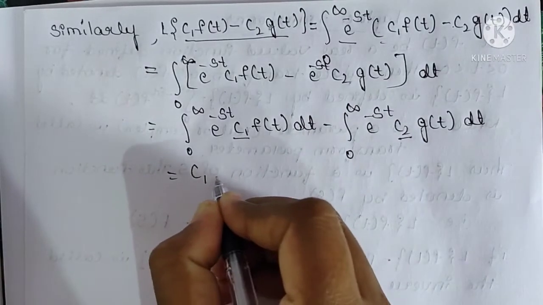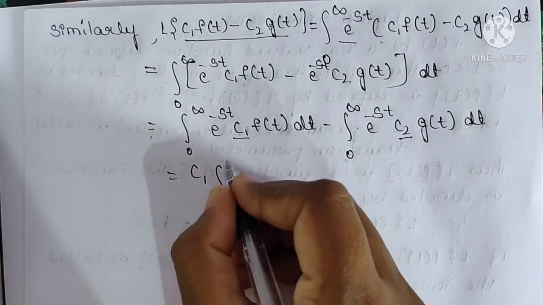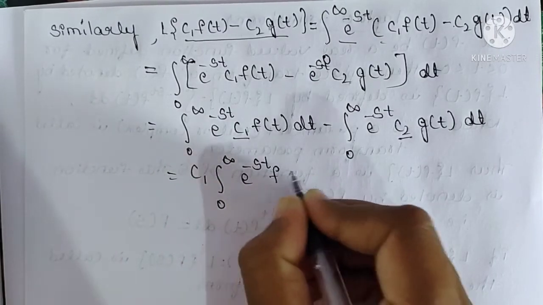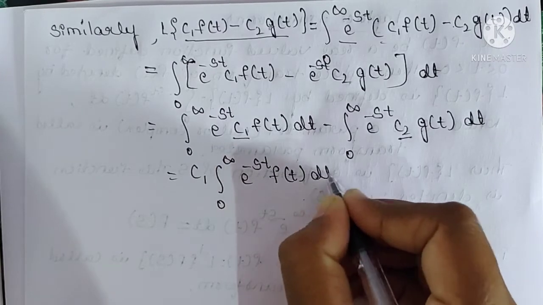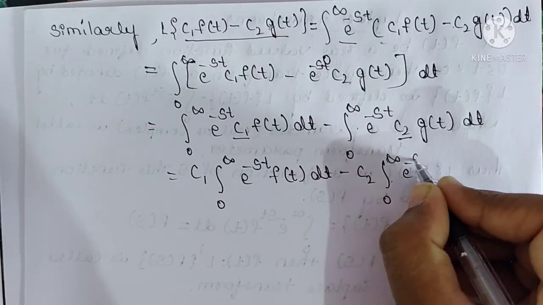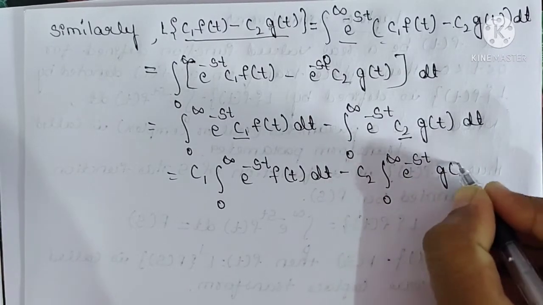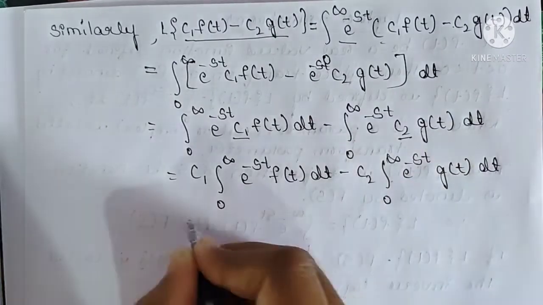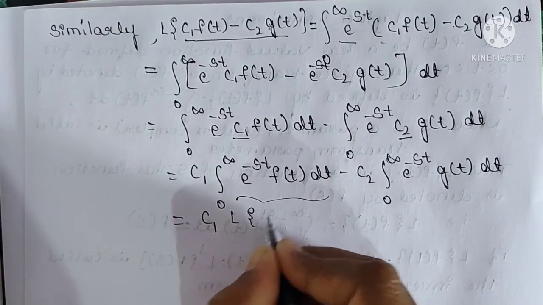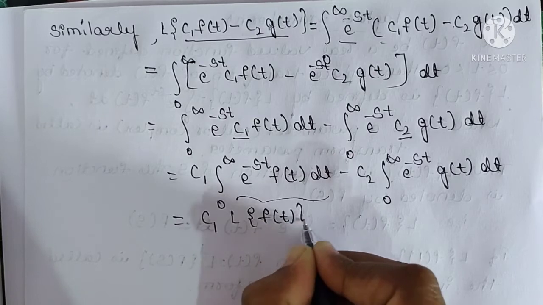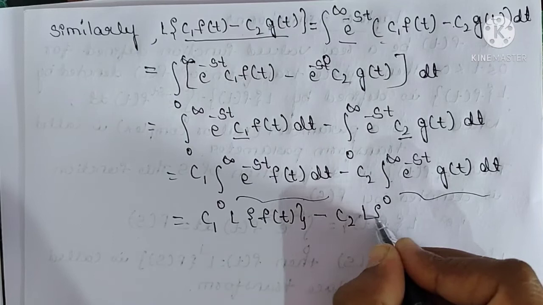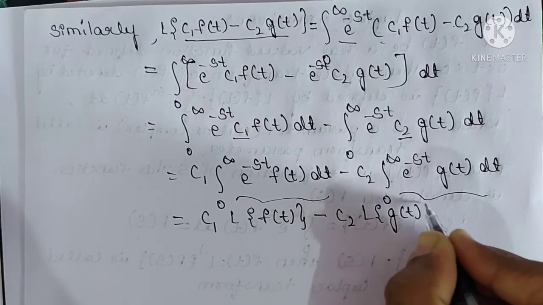You take c1 out, remaining integral from 0 to infinity of e^(-st) f(t) dt, minus c2 taken out, integral from 0 to infinity of e^(-st) g(t) dt. By the definition of Laplace transform, this can be written as c1 L of f(t) minus c2, this can be written as L of g(t).